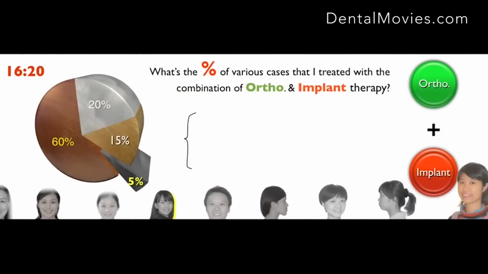So far, we've been talking about combined ortho and implant. There are several categories which are so important for us to learn. In most adult complex cases, there are multiple missing teeth. So before you place an implant, you're supposed to do space redistribution to get a perfect space in order to place your implant.